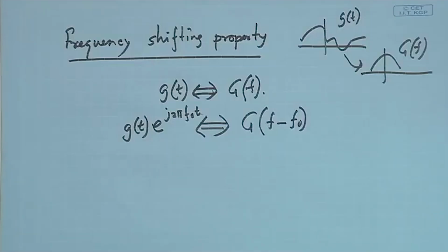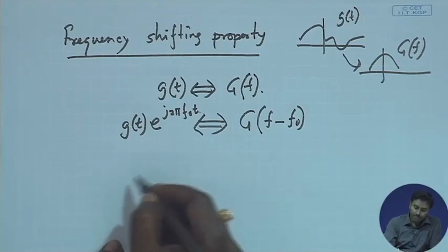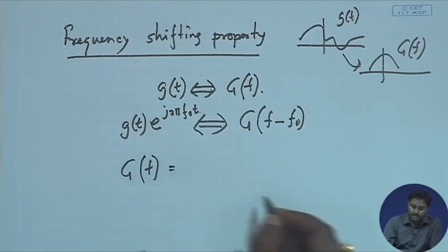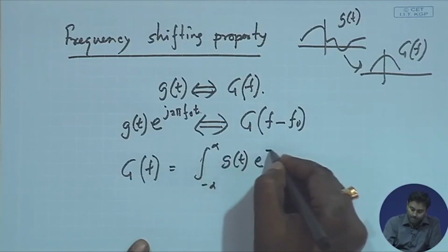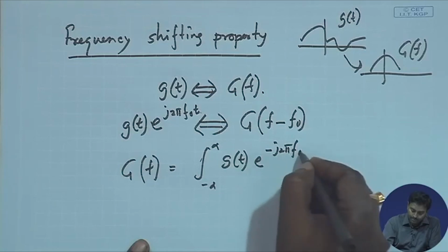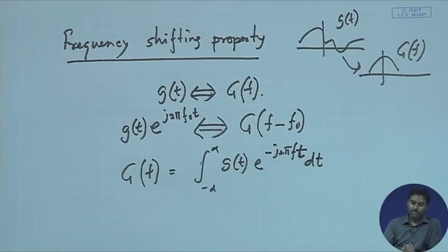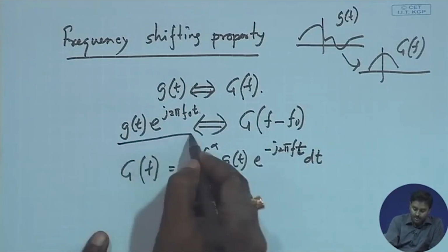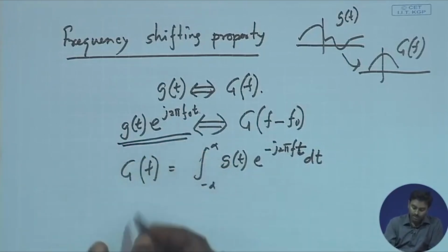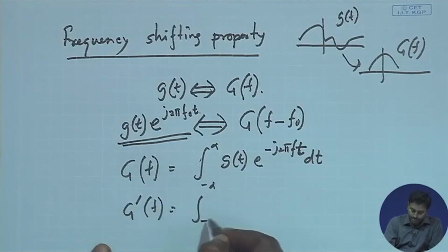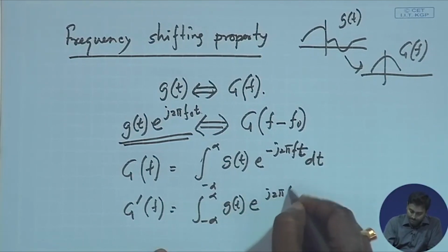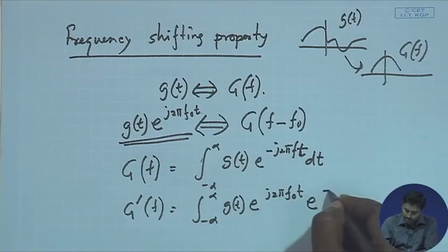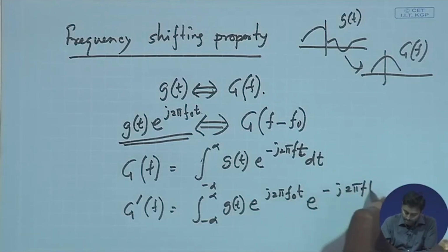That is a very simple way of proving this. So, suppose we know G(f) is equal to integral from minus infinity to plus infinity g(t) e to the power minus j 2 pi f t dt. So, this is something we know. Now, we want to take Fourier transform of this one. So, therefore, we have to do, let us denote that as G dash f, that should be integral from minus infinity to plus infinity g(t) into e to the power j 2 pi f0 t e to the power minus j 2 pi f t dt.